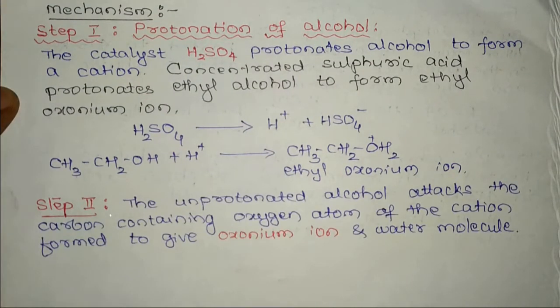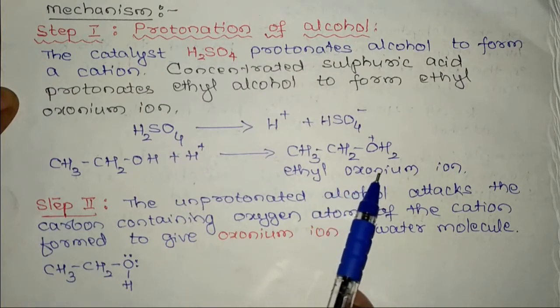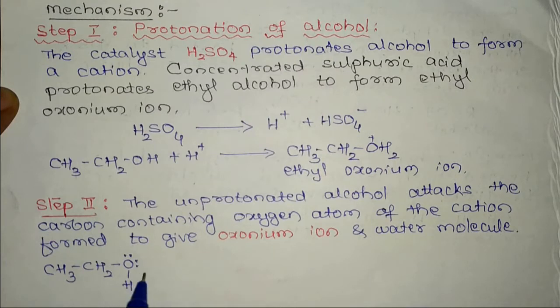Now let us discuss the reaction. CH3CH2OH, this is unprotonated alcohol, means H plus is not added to this. As excess of ethyl alcohol is taken, not all ethyl alcohol molecules form ethyl oxonium ion, some remain as alcohol only. This is added to the carbon atom of ethyl oxonium ion.